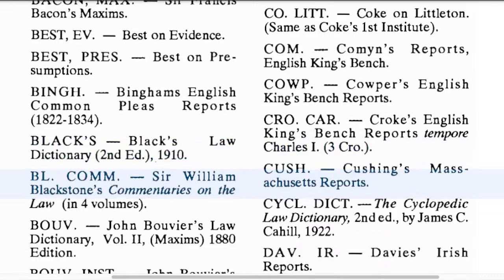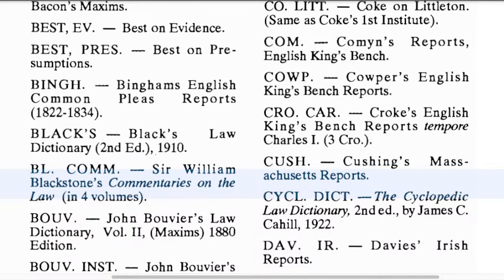Whenever it says Blacks, it's referring to Black's Law Dictionary, 2nd edition, 1910. See William Blackstone's Commentaries on the Law, and Bouvier's Dictionary, Volume 2, Maxims, 1880 edition.